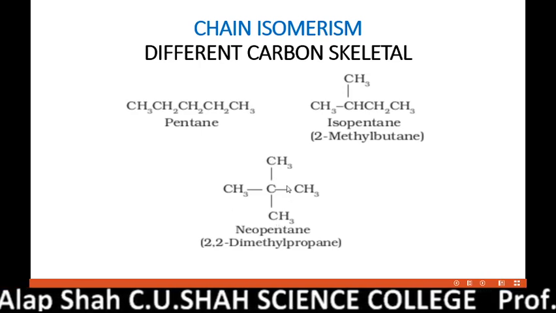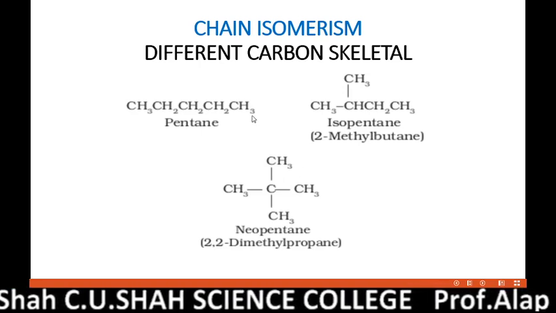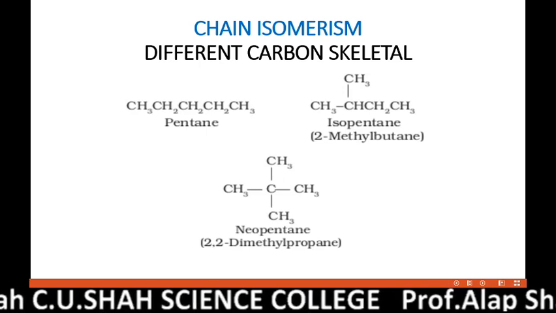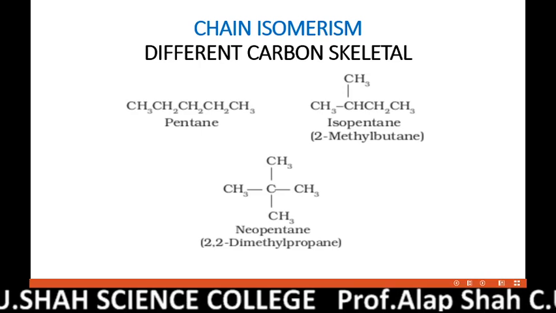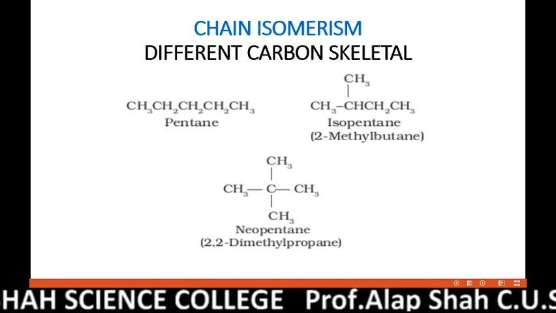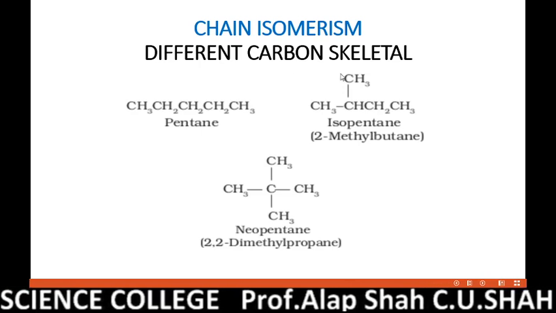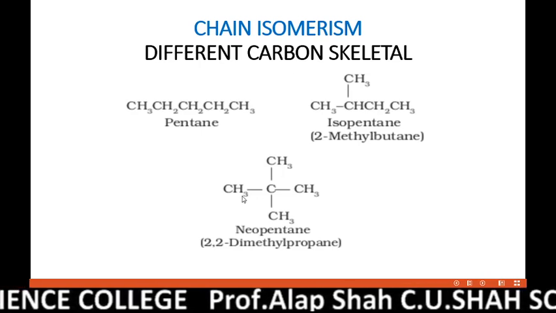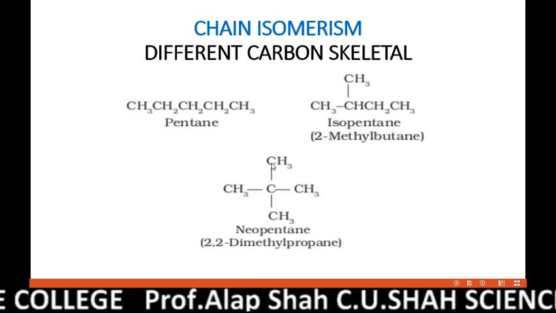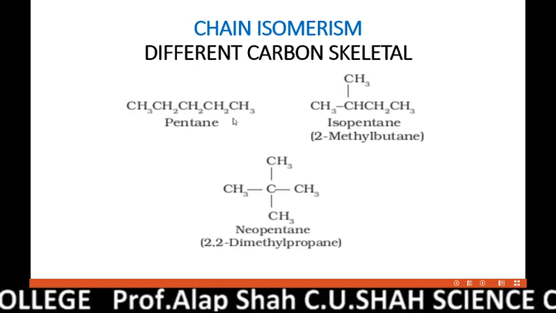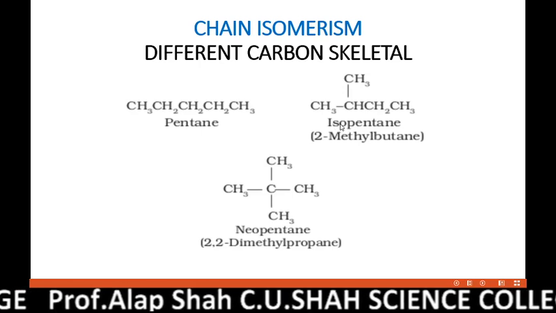They all have the molecular formula C5H12, but normal pentane has a chain of 5 carbons, isopentane has a chain of 4 carbons, and the fifth carbon is in the form of a branch, and neopentane has a chain of 3 carbons and 2 carbons as branches. So see, the carbon skeleton is different: 5 carbon skeleton, 3 and 4.